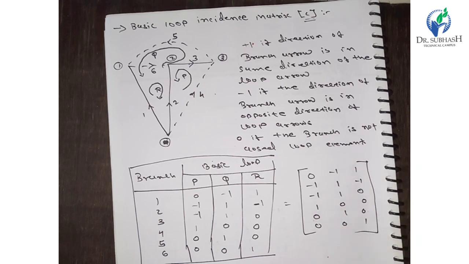This is the basic loop incidence matrix, and we represent it as C. So friends, this is the basic loop incidence matrix represented with an oriented graph, table and matrix form.